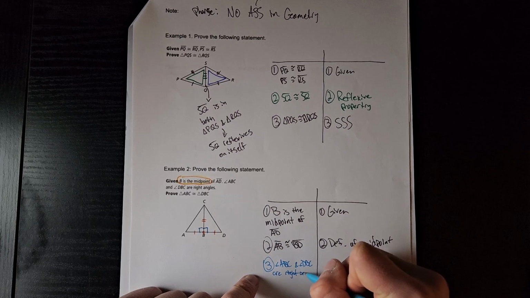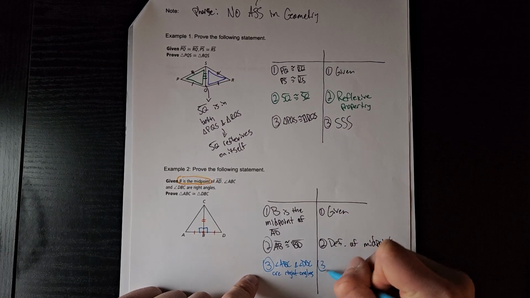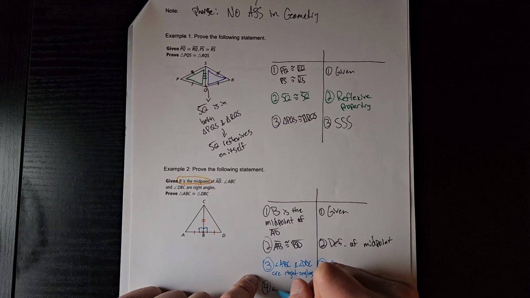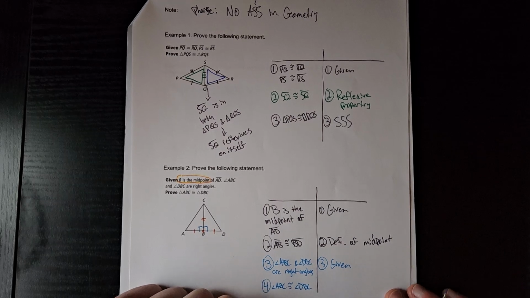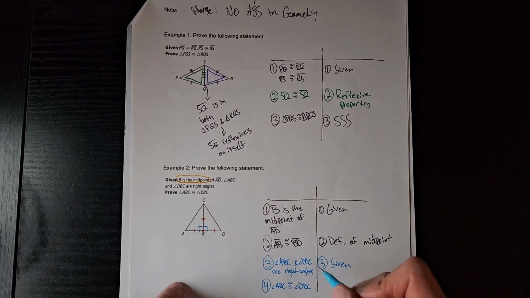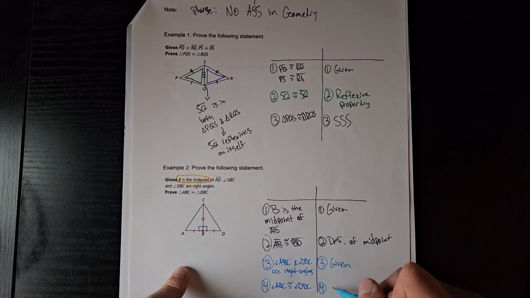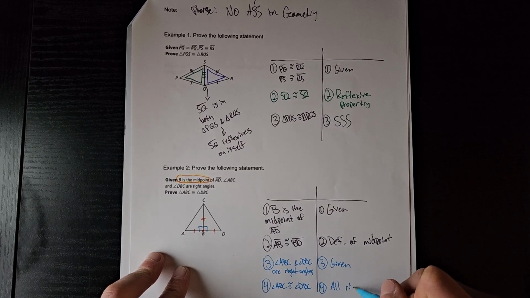And that was given. And we know that because they're both right angles, they're 90 degrees, that they would be congruent to each other. So we can say for 4, our reasoning is that all right angles are congruent.